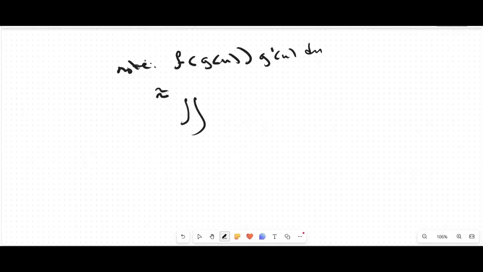I'll write it out whole. So let's do the integral of f of the following.